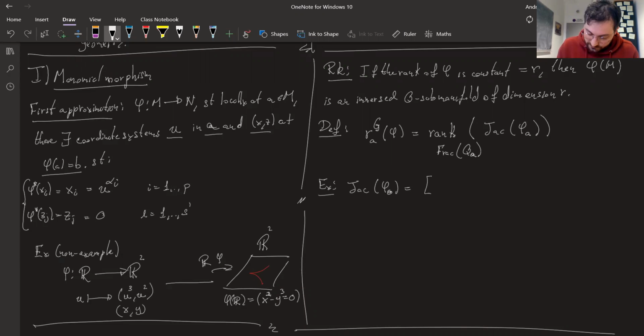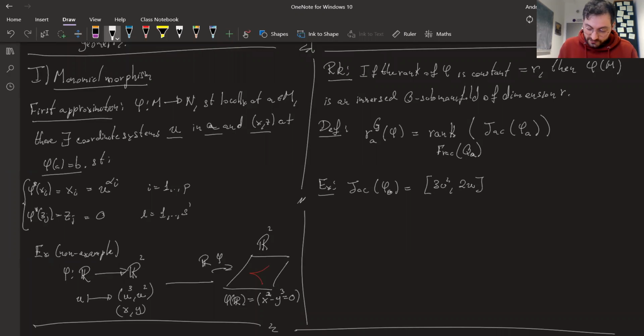This is just the derivative, so it's 3u squared, 2u, and we see that the rank of this matrix is equal to 1. We don't even need the fraction field, just with respect to quasi-analytic functions, one of the entries is not identically equal to 0. So since there's something which is not identically 0, the rank is 1.